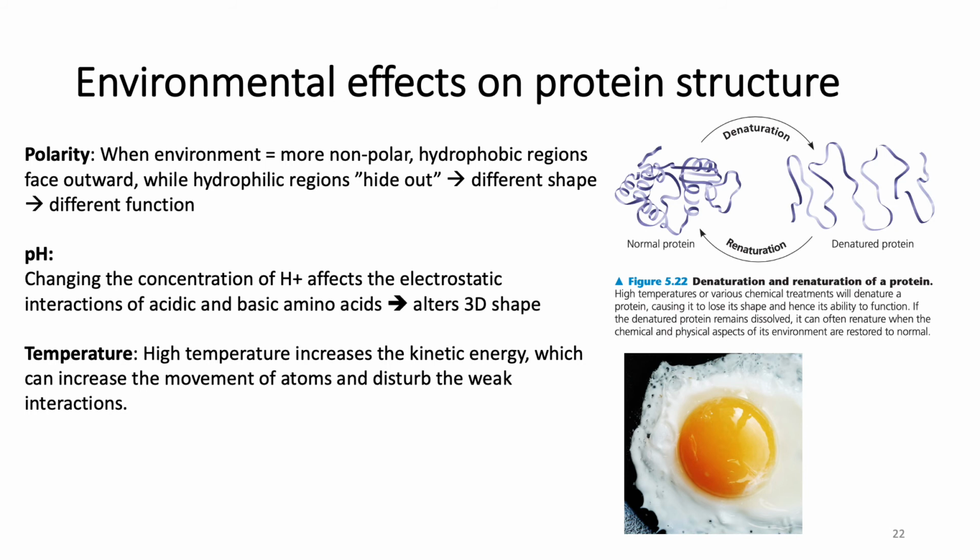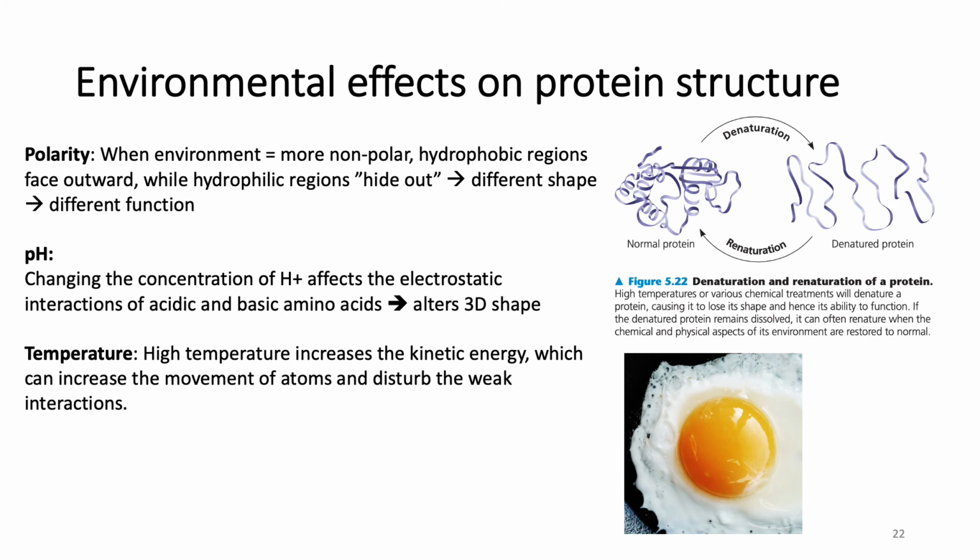Most proteins become denatured if they are transferred from one aqueous environment to a nonpolar solvent, such as ether or chloroform. The polypeptide chain refolds so that its hydrophobic regions face outward toward the solvent. This would change the shape of the protein and therefore its function.